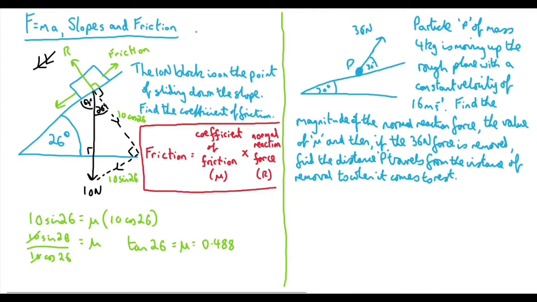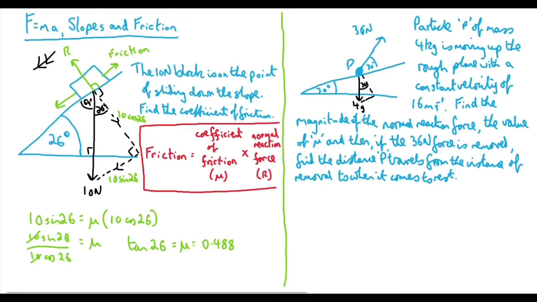So, as before, we'll first of all just want to draw on our various components. So to begin with, we'll say, okay, the weight is going to be coming straight down, but here we don't know the weight, we just know the mass. So we can say that the weight would be 4g, or 4 times 9.8. Again, depends on what you prefer, doing a decimal or doing it with the letter. We're going to want the components of these though, so we'll make a right-angled triangle like so.